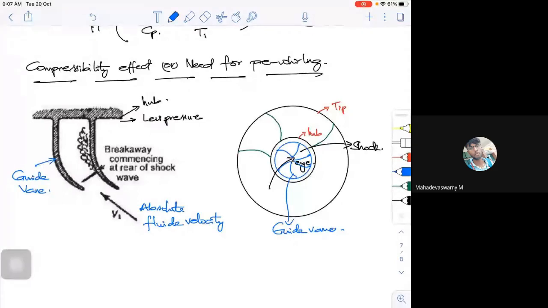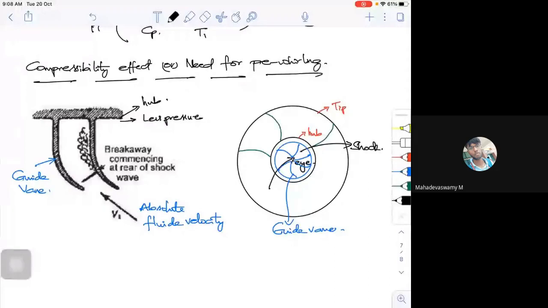Instead of that, I give a slightly little twist so that the fluid enters at some angle, alpha equal to some angle. So if there is any obstruction to the flow, or any tendency to formation of shocks, those possibilities are reduced or minimized.